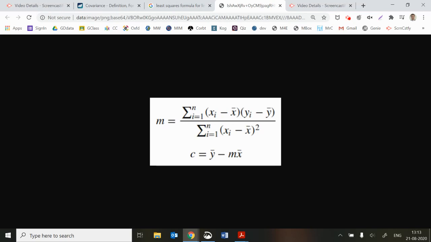So here are the formulas which you need to use for least squares regression. Now, M here is considered to be your covariance of xy divided by your variance of x, but your n's have cancelled. Because they both have divide by n, the n's are going to cancel there.